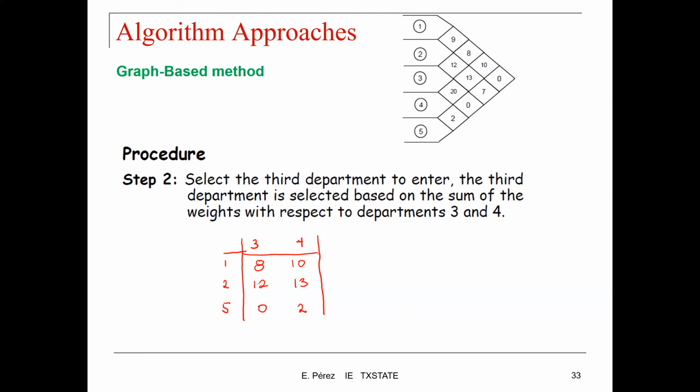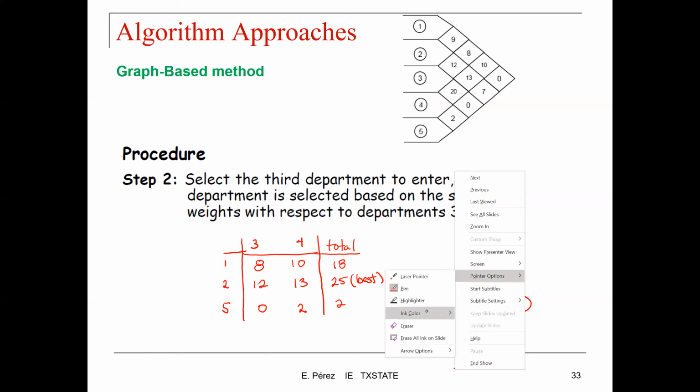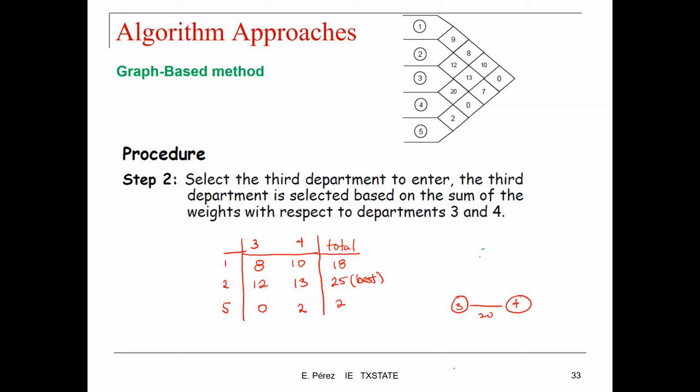Now I'm going to add the totals to see which one has the largest weight when we consider the relationship with 3 and 4. So this is 18, this is 25, and this is 2. So this one is the best, it's the highest. I have this graph already. You know that these two are connected, the weight is 20. Now I'm going to add this new node to the network, which is 2.